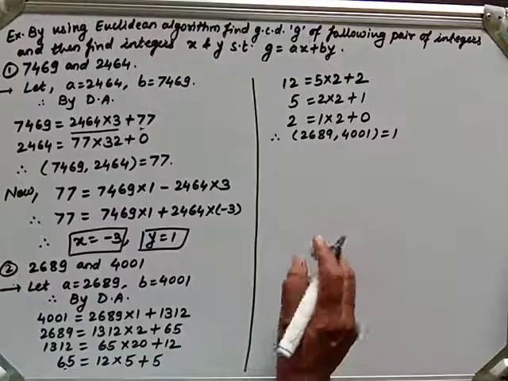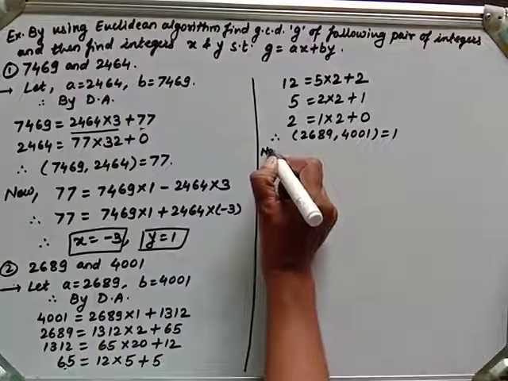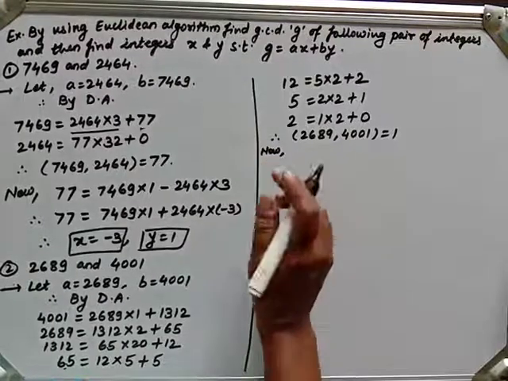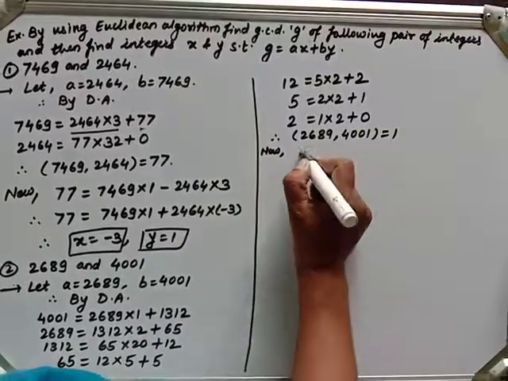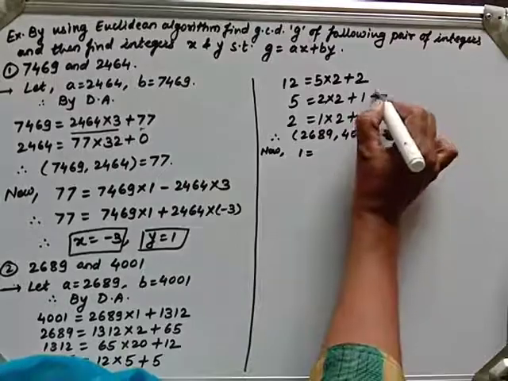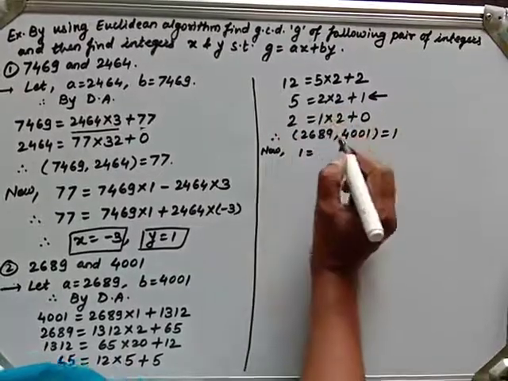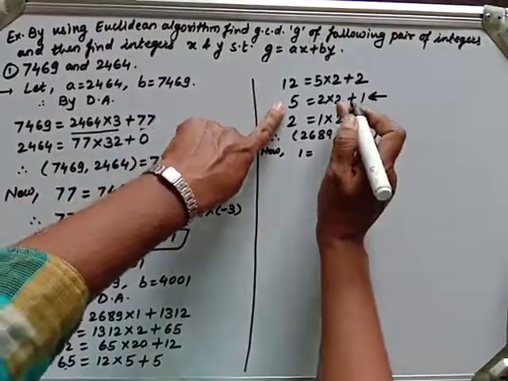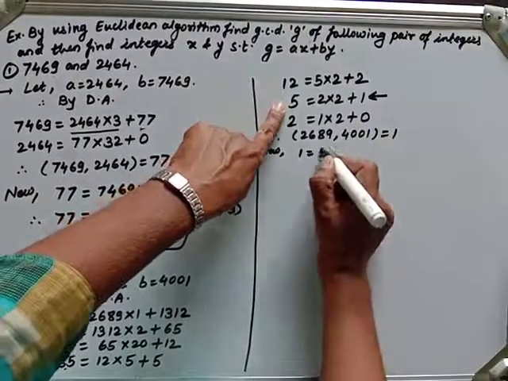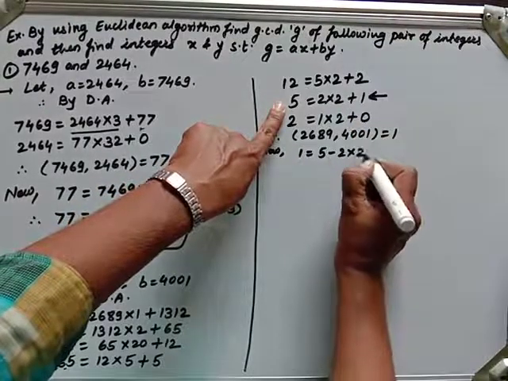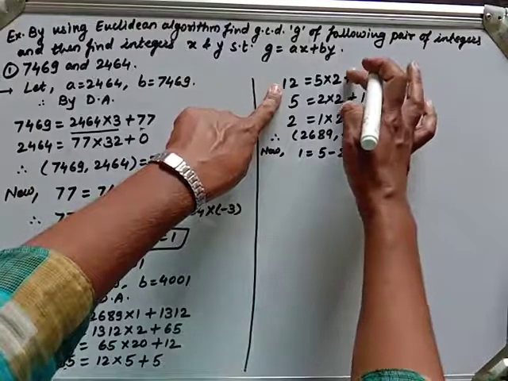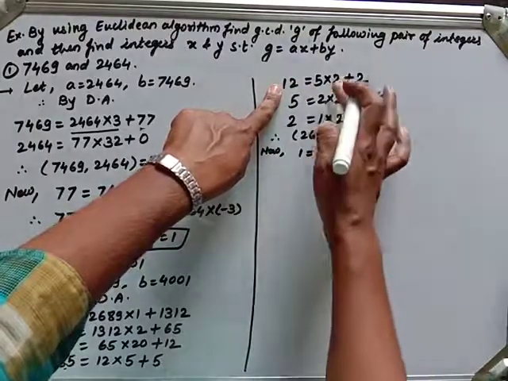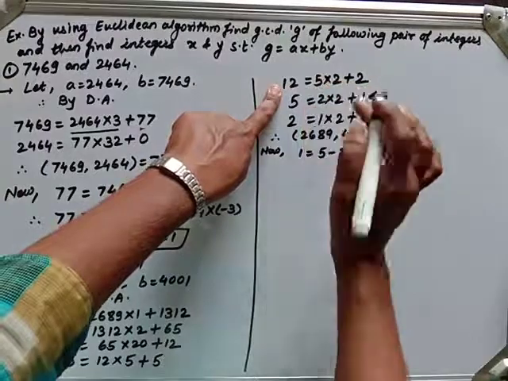Now let us write them as a linear combination. So 1 is equal to, from this equation we have to start. So 1 can be written as 5 minus 2 multiplied by 2. Now from here we can put up the value of 2. 2 is equal to 12 minus 5 into 2.